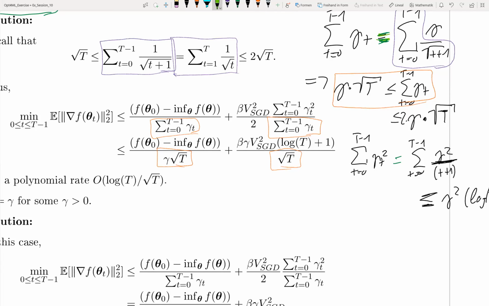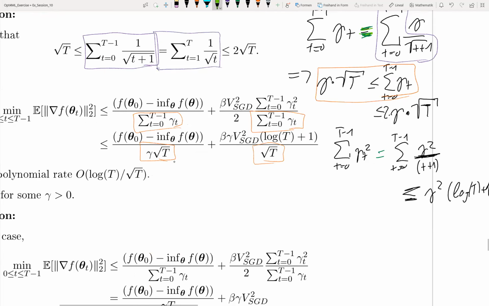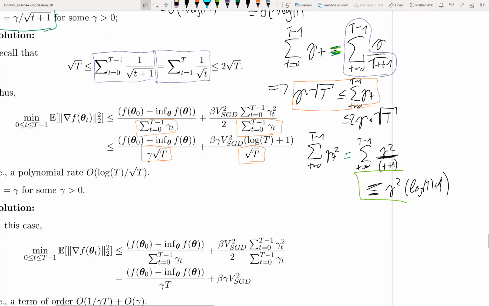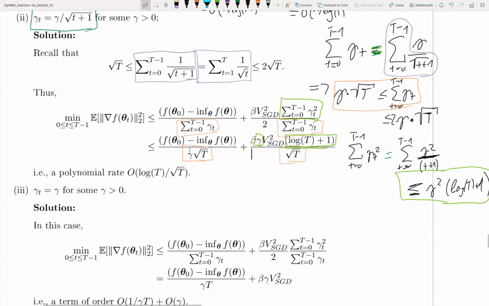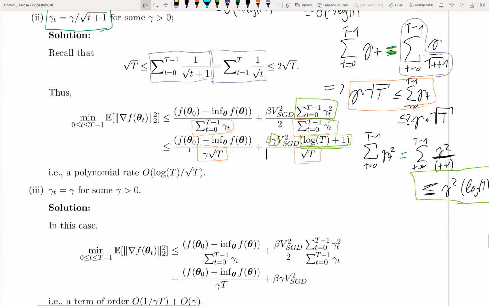We have the upper bound for the sum of squared step sizes, which we can use for this thing here. And again, the gammas are such that you are left with the simple gamma in the numerator.